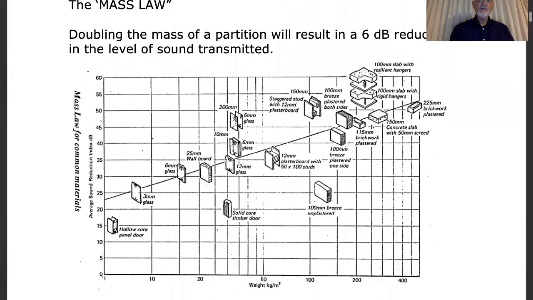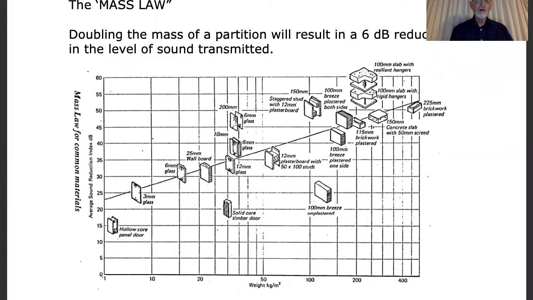I'll just leave this slide here for a few seconds. You can see that, depending on the type of enclosure, ranging from solid brickwork up the right-hand side, which can give you an effective sound transmission class, or reduction in sound transmission, of 50 decibels.